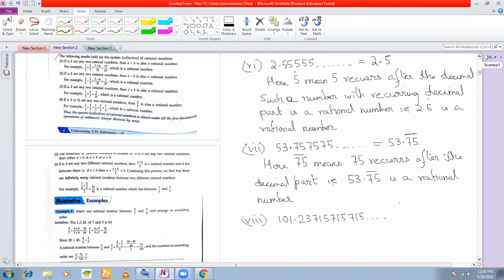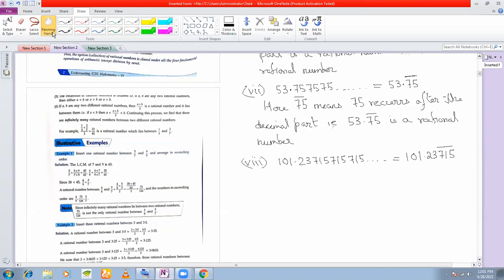So how do you write this? You write this as 101.23715 and you give a bar above 715 to denote that 715 are the recurring digits after the decimal.